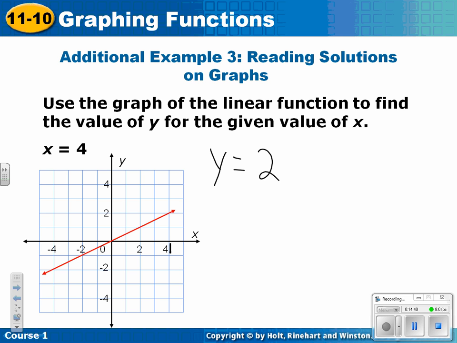What is y? -2. It's way over here. Now, our graph isn't big enough, but I could figure out y if x was -736, but I'd have to have a much bigger graph. Does that make sense? Does that explain to you guys why?